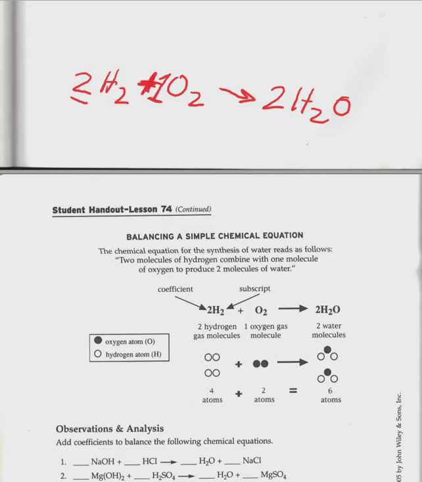We can tell whether this is balanced by basically putting our 2 elements below the arrow. O, we have 2 oxygens, 1 times 2. And we have 2 hydrogens. We have 2 H2s. So 2 times 2 is 4.